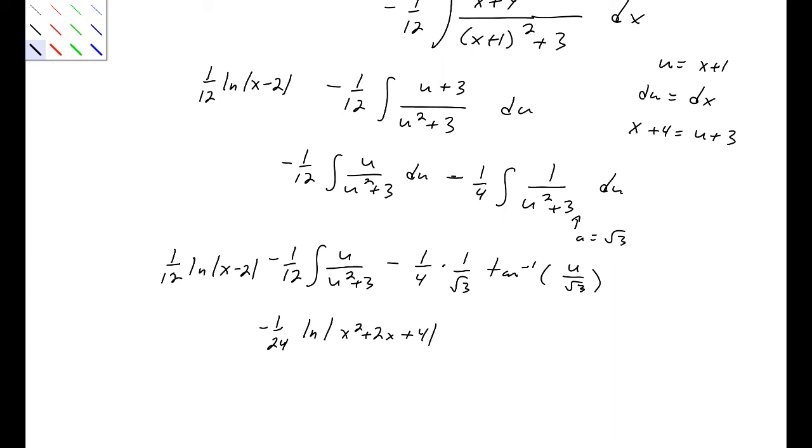Now this other one over here, when I rationalize the denominator, I'm going to get the square root of 3 over 12 inverse tangent of x plus 1, that is my u, over square root of 3. And 1/12 natural log absolute value of x minus 2. That is the integral, plus c.